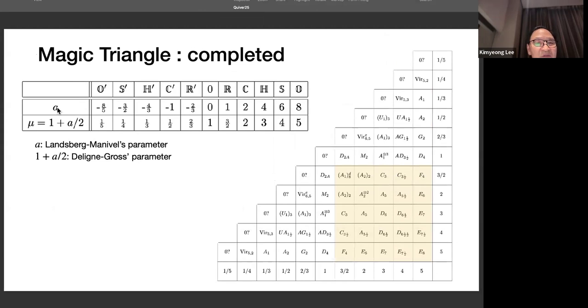The first parameter is the Landsberg-Manivel parameter, which is given in terms of the dimension of these octonions, 8. I haven't talked about sextonions, and I guess I skipped that sextonion is related to octonions, but you go to split octonion, which means 4 plus and 4 minus, Lorentzian signature.